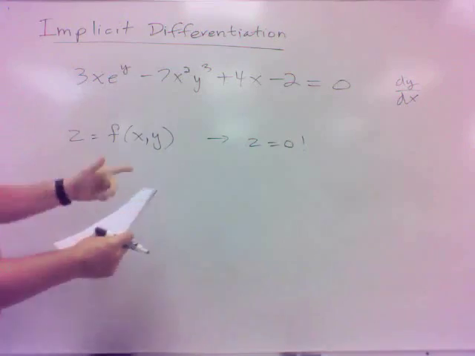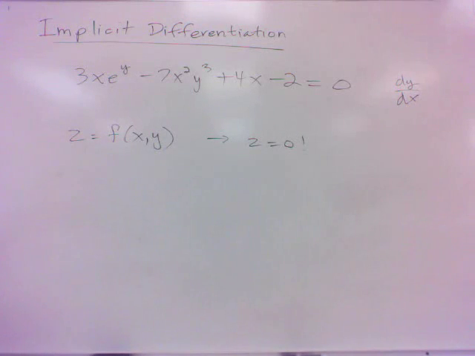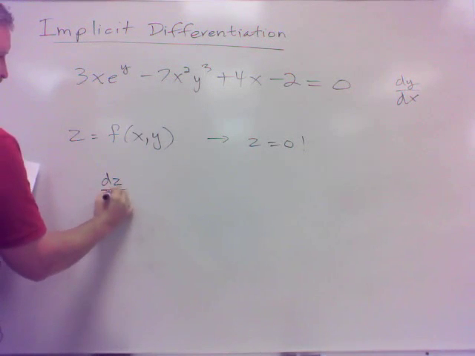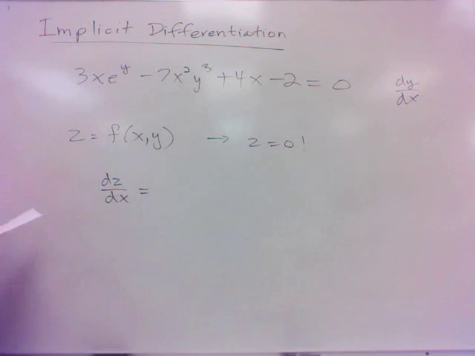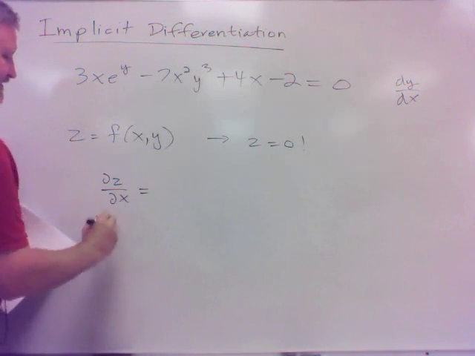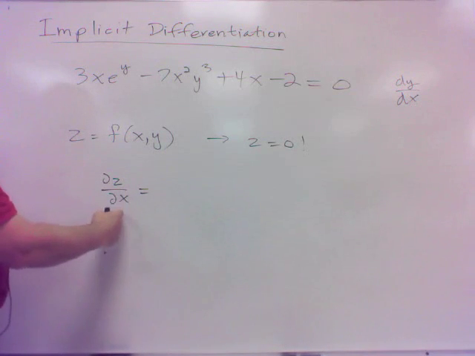Now, we're looking for dy dx, right? We're looking for dy dx, but let's approach this. It'll come, dy dx will come out of this. But let's think of z as our f of x, y, so let's think of our dz dx, or the partial, I guess, of z with respect to x. Okay. Well, using this chain rule, what would we have to do to get the derivative of z with respect to x?